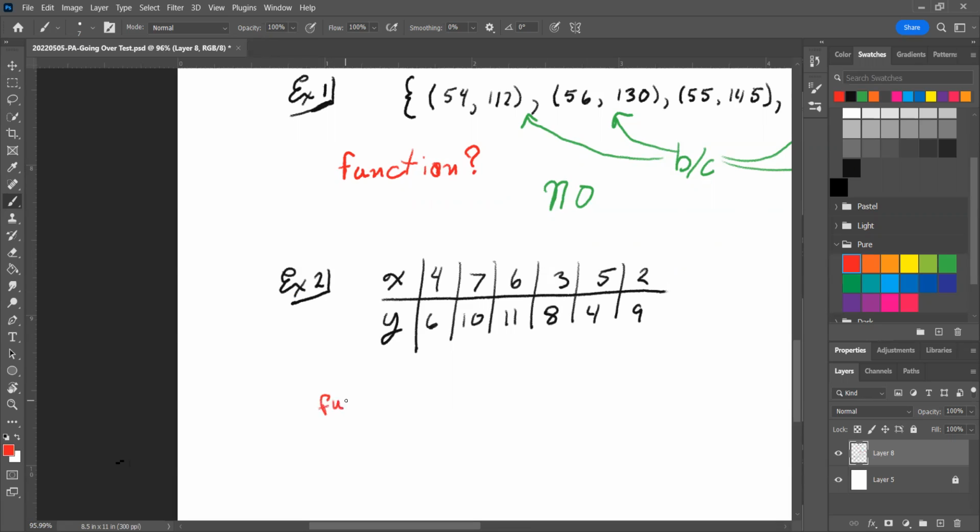No. Why not? Because there's two sixes. There are two sixes, and that's a good catch, but one of them is an X and the other one's a Y. So yes, it is a function. Would it not be a function if there were two numbers on Y also? It could be a function if the Y repeats. In fact, one way that we phrase this test very often is, if it's a function, X does not repeat. If X repeats, it's not a function.